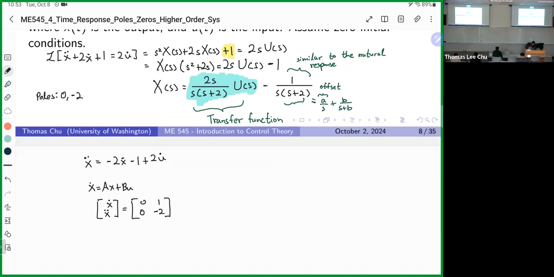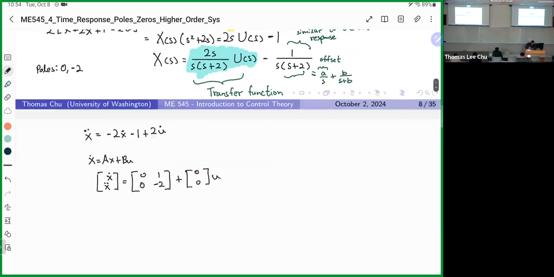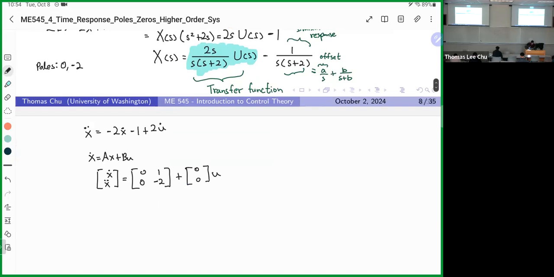That's not good, those are linearly dependent. Plus [0, 0] times u. Okay, so in this case, we don't include these terms in our state space equation.